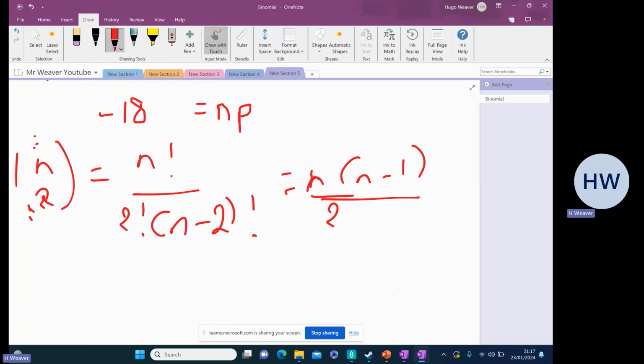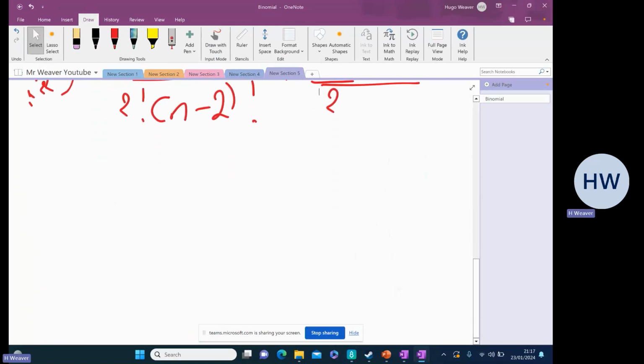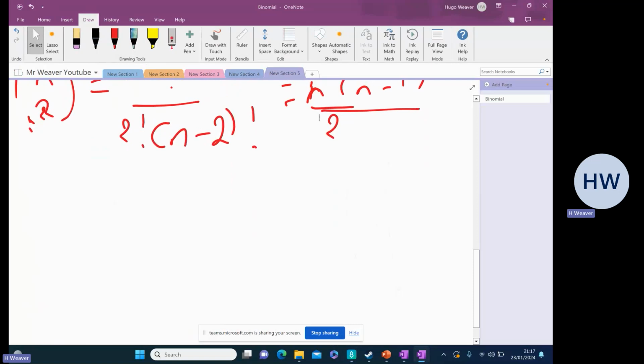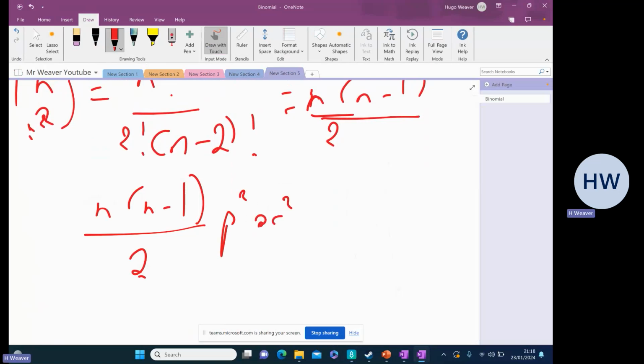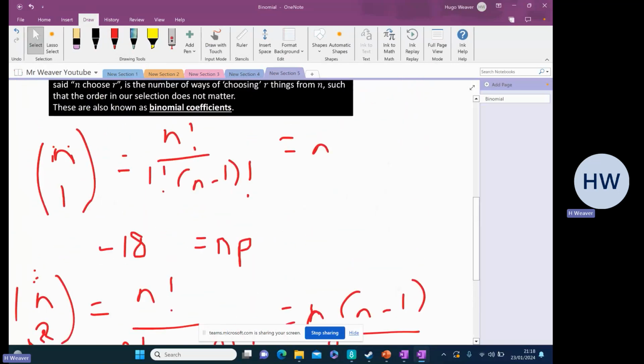So if we go back now and think about, in a sense, the third term, well, that's now my squareds. What I essentially have is p squared x squared times n open bracket n minus 1 over 2, which equals, and if I just go up, I think it was 36x squared.